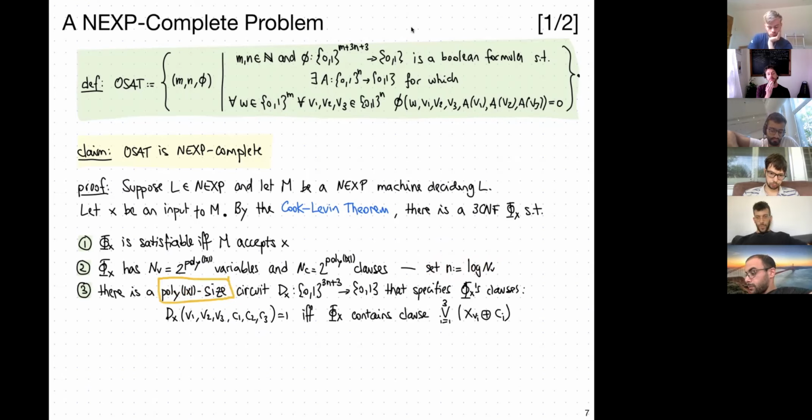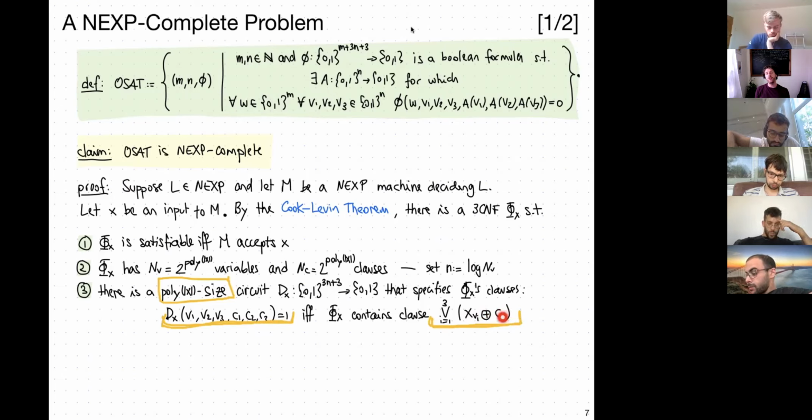So what does it mean, right? You have this function which can be computed in polynomial time, and it tells you that this function is equal to 1, with respect to variables v1, v2, v3 and these c1s, if and only if the formula contains this clause. Just to unpack what's happening here, this XOR with ci is a way of saying, is that x or not x, right?